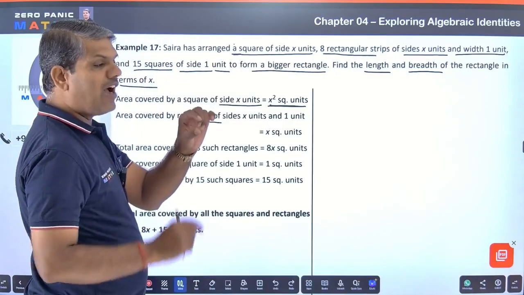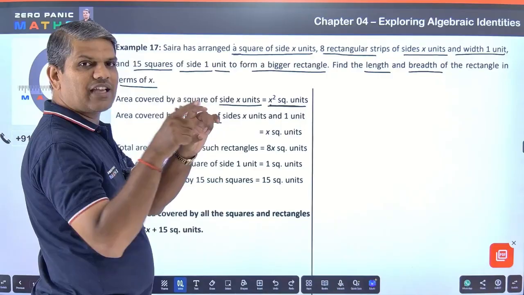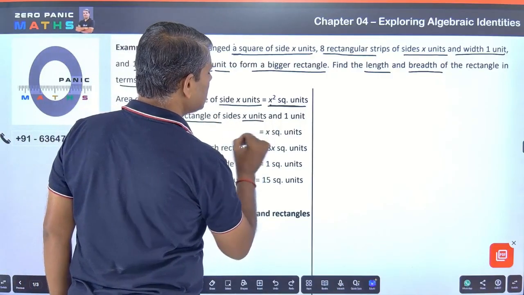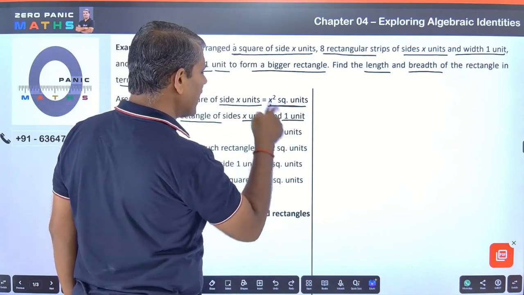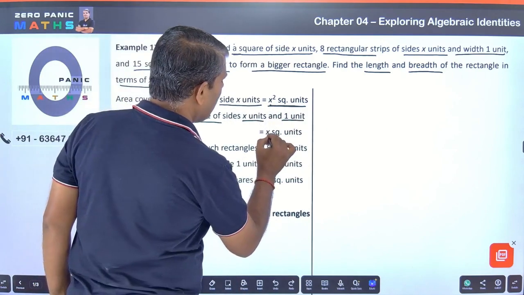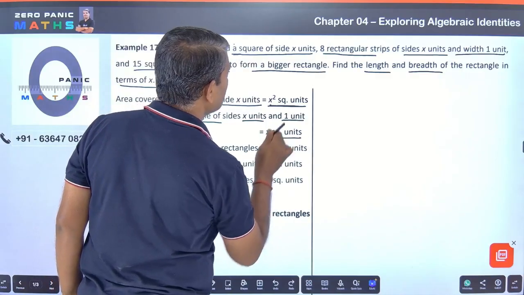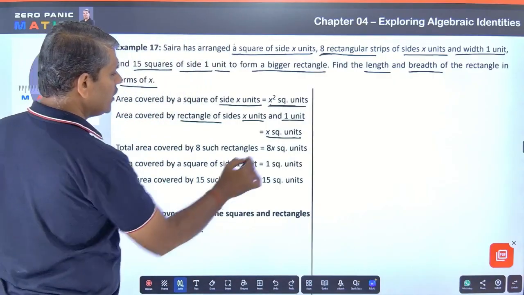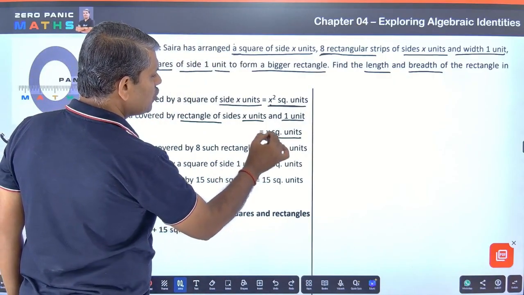Next, area covered by a rectangle. A rectangle will have one side and the other side of different lengths. So sides x units and 1 unit, so it will be x into 1, that is x square units. But there are 8 such rectangles, so we should be multiplying 8 to x.